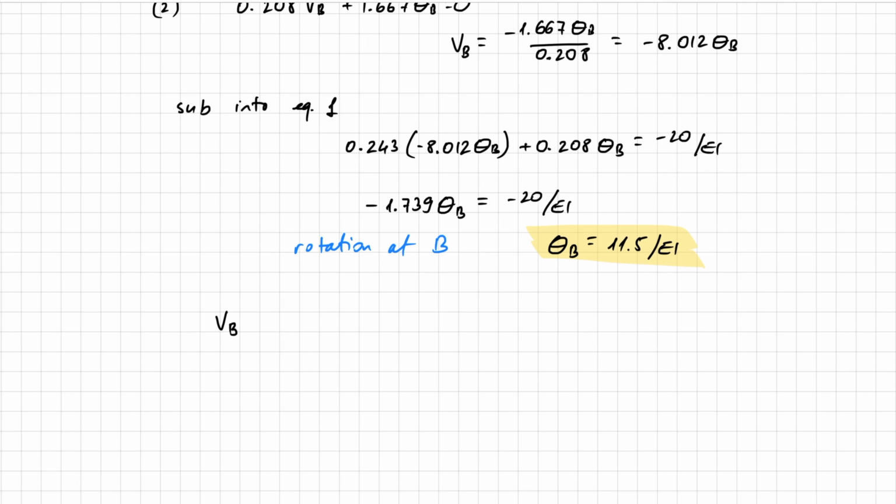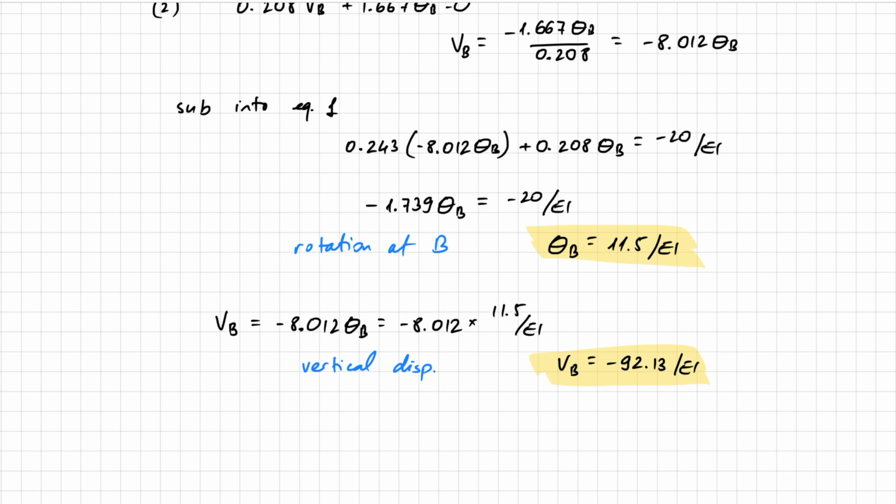So VB, the vertical displacement at B, equals minus 8.012 theta B, and that is minus 8.012 times 11.5 divided by EI, and that gives me VB equals minus 92.13 over EI. And that is the vertical displacement at B. So both of the things that we needed to find.